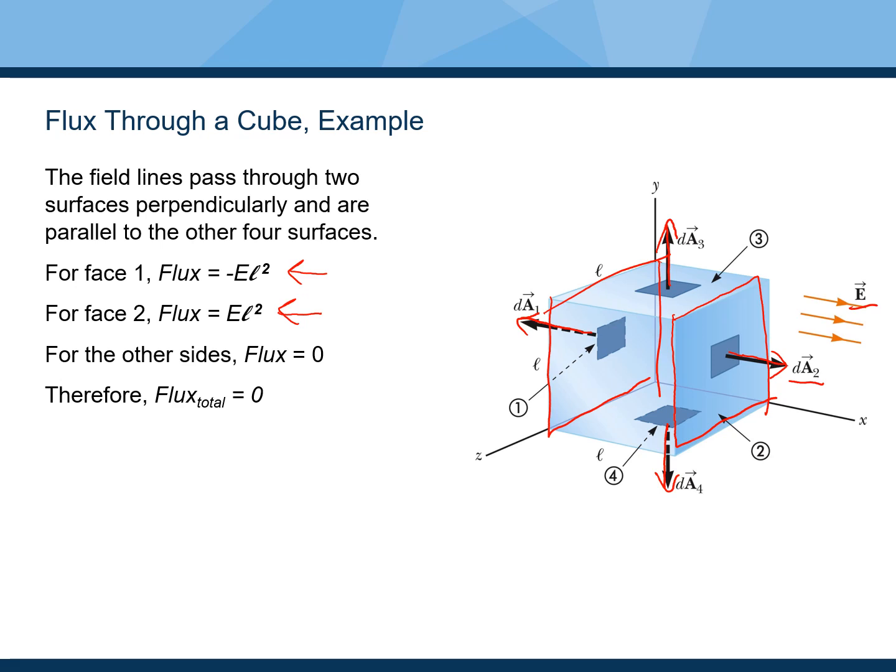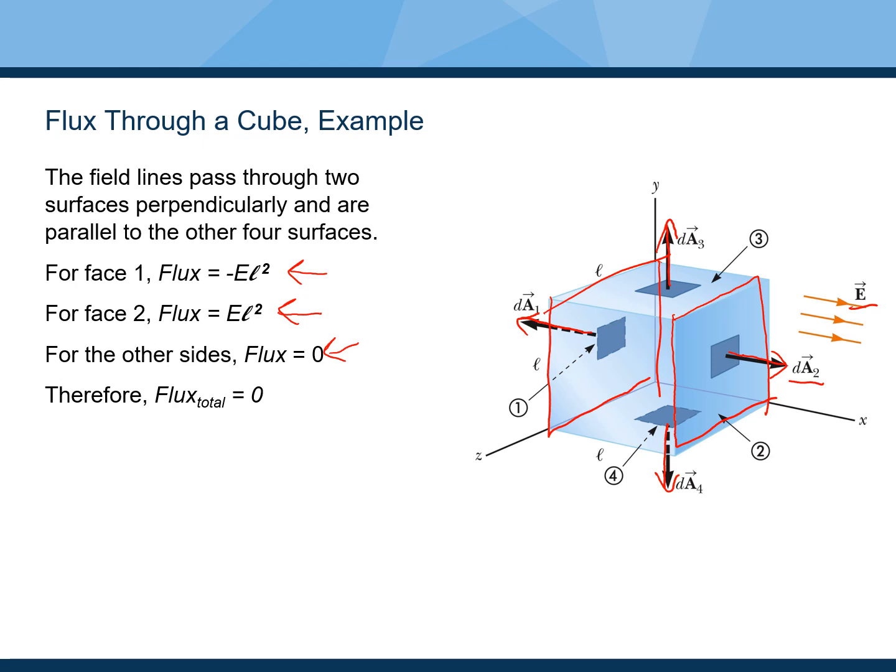Because the electric field lines are straight, namely they're not beginning or ending at some charge, the total flux through this surface is exactly 0. So this is a nice little warm-up example to get us oriented.